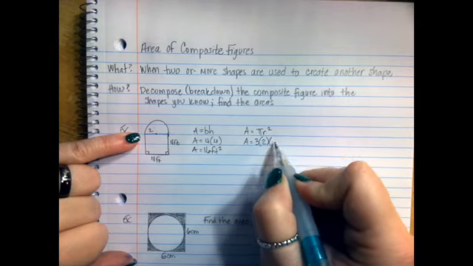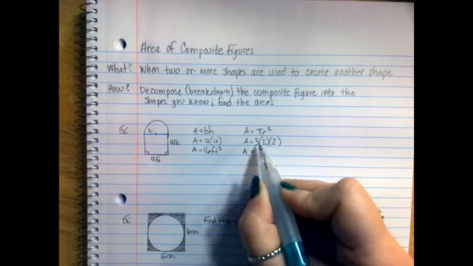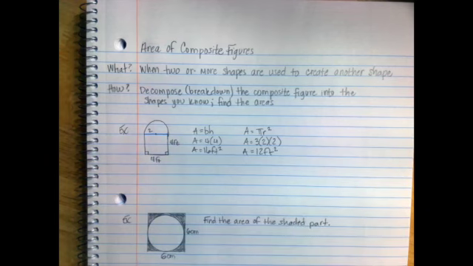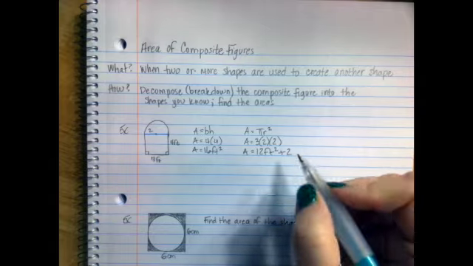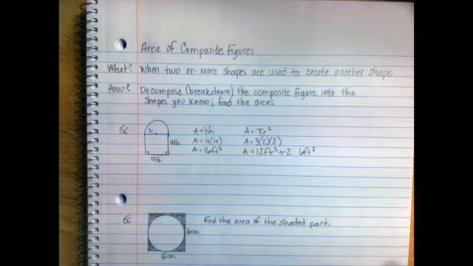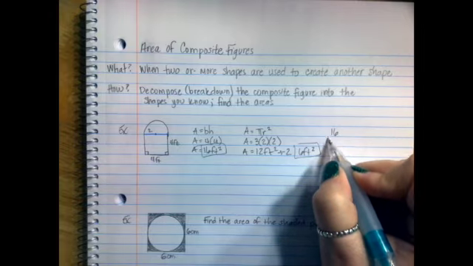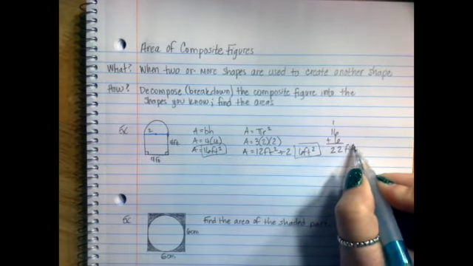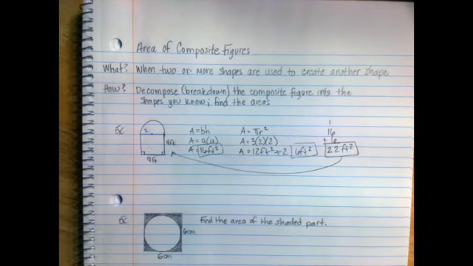So 2 times 2 is 4, 4 times 3 is 12, and so that's the entire circle. I need to then divide this by 2. I get 6 feet squared. All right, so I have this and I have this. So 16 plus 6 gives me 22 feet squared for that entire composite figure.